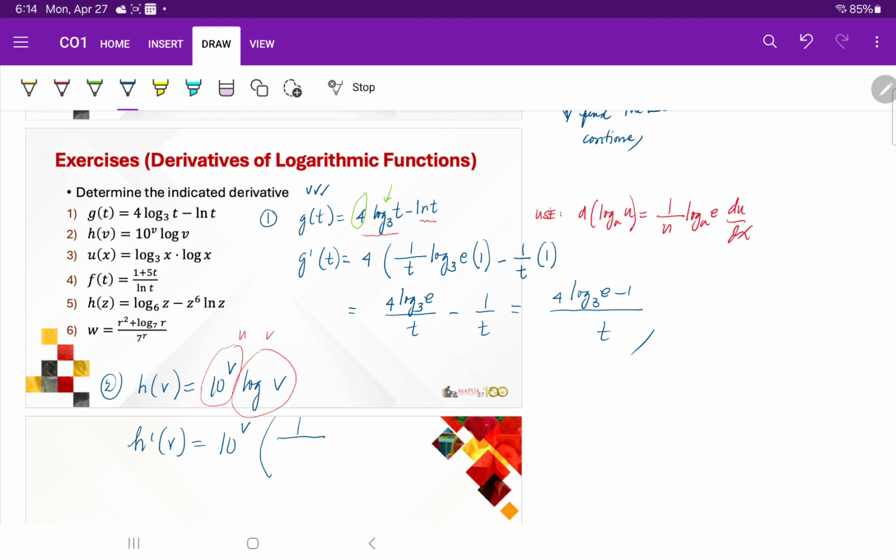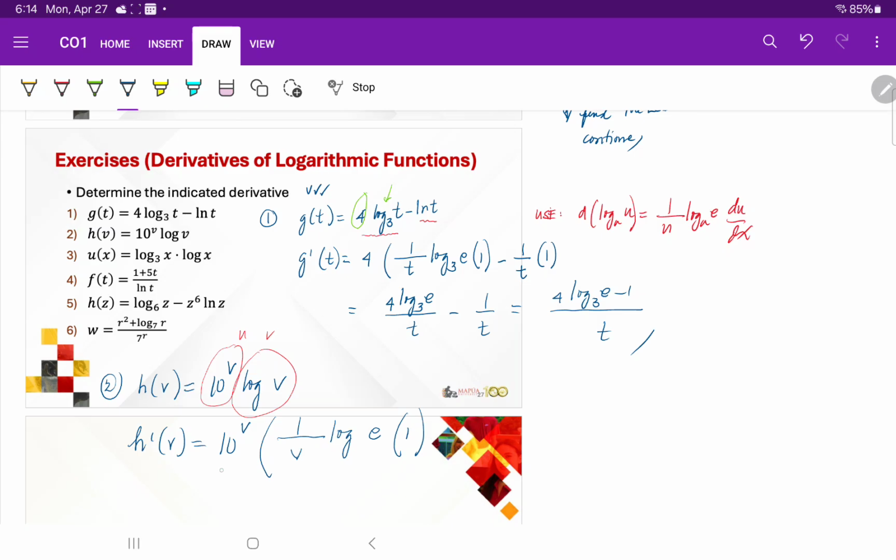So 1 over the log of u to the base a. What's the base here? It's understood to be 10. So 1 over v times the log of e to the base 10, you may not write it down, times the derivative of v, which is 1.